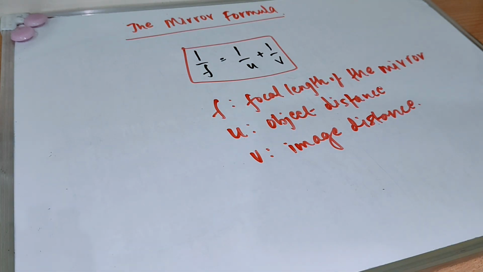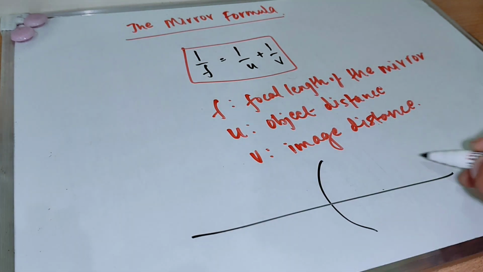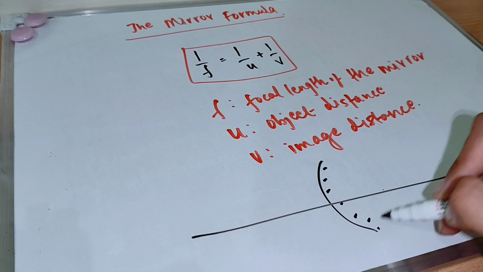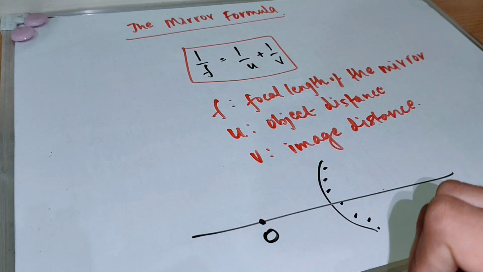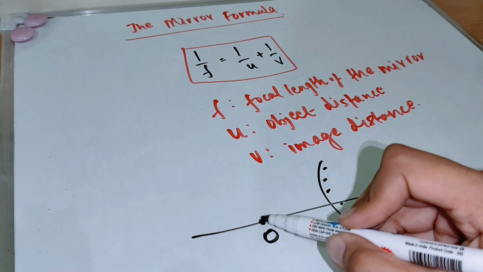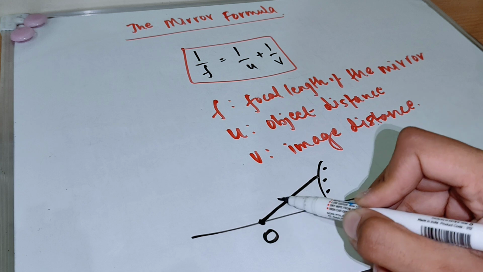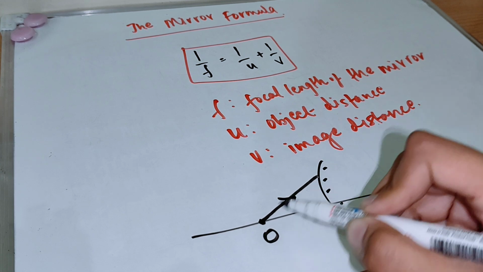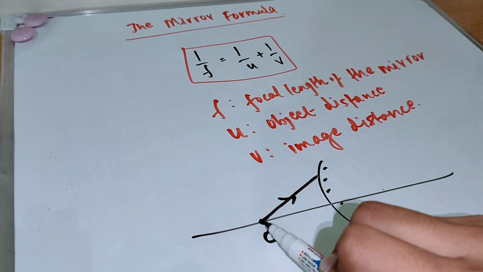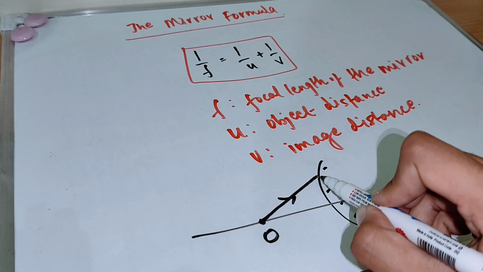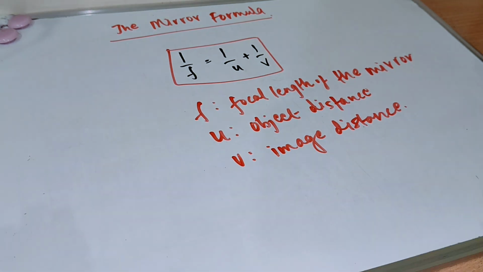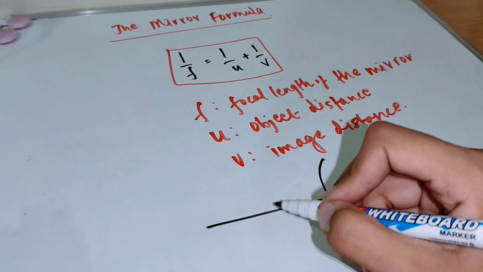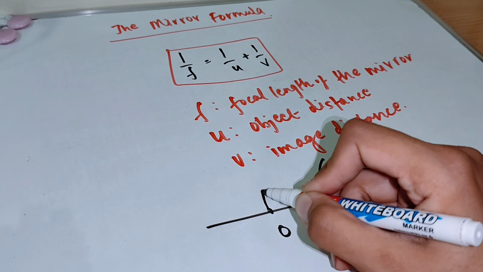Let me show it to you pictorially. Say I'm taking a convex mirror over here. Now I place an object on this point O. I will consider a ray of light emerging from this object to this mirror. I'm sorry, I took a point object. This is the object that I take.